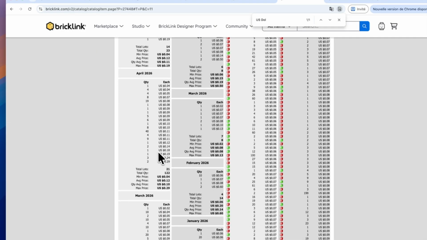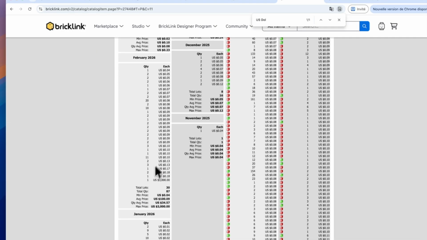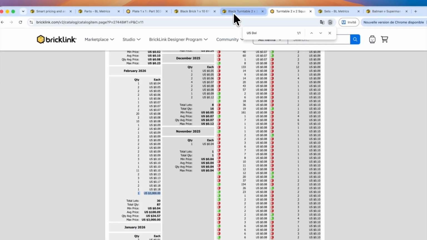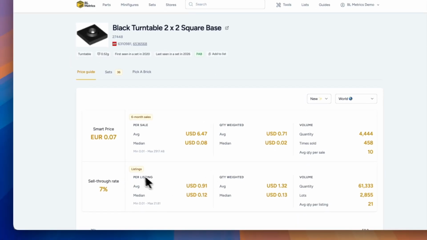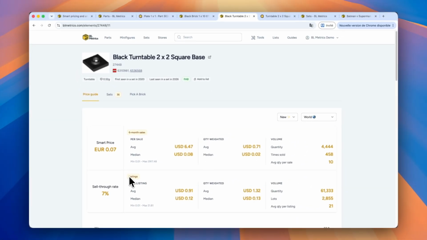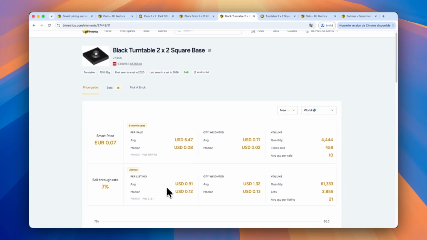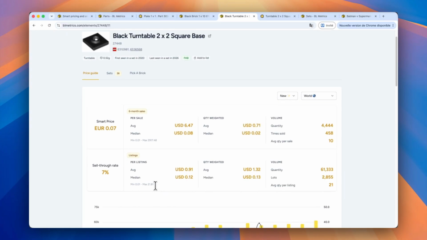That was almost certainly done to manipulate the price, and the effect is that it pulls up the average that most stores rely on. The same thing can happen with listings. Anyone can inflate the average listing price just by listing an item at an absurdly high price. So in a case like this, the median is a much safer reference, because if you price off that average, you'll probably never make a sale.